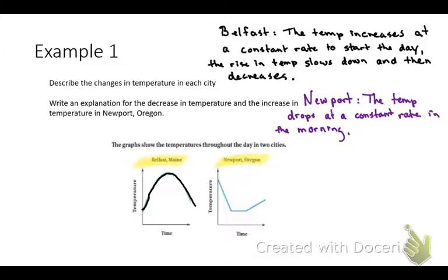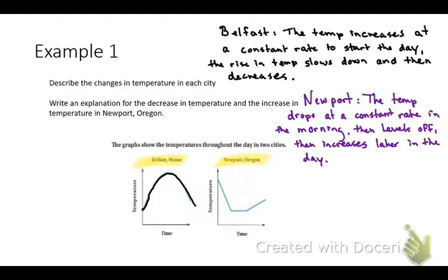Then what happens? Austin, then what happens? It starts to stay at the same temperature. Stays the same. Then it levels off. It stays the same for a while. Does it tell me how long it stays the same? That doesn't matter. All I need to say is it stays the same or it levels off for a while. Then what happens? Then it increases later in the day.